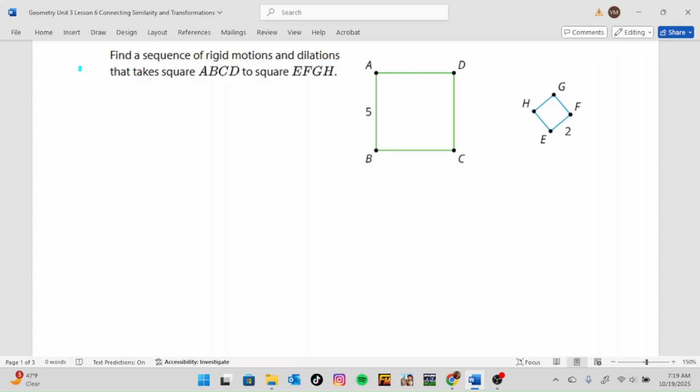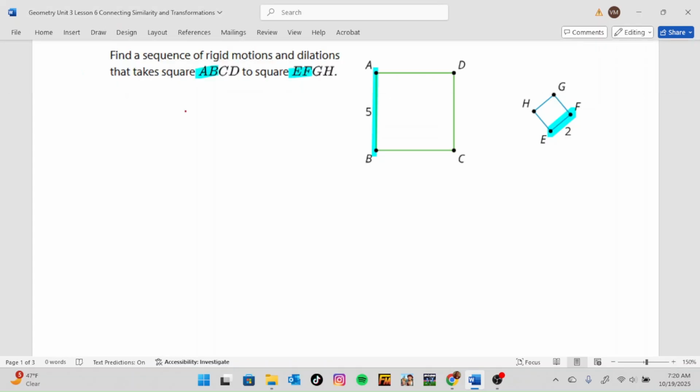So when we say that we want to take square ABCD, which is this large green square, and we want to take it to square EFGH, which is this smaller blue square, we want to do so that side AB matches side EF. So I need this side right here that is labeled with a length of 5 to be laying on top of this side here, EF, that is labeled with a side length of 2.